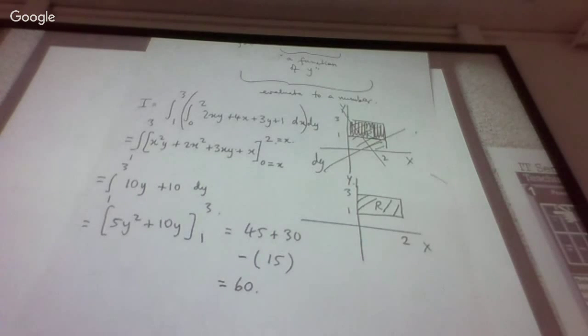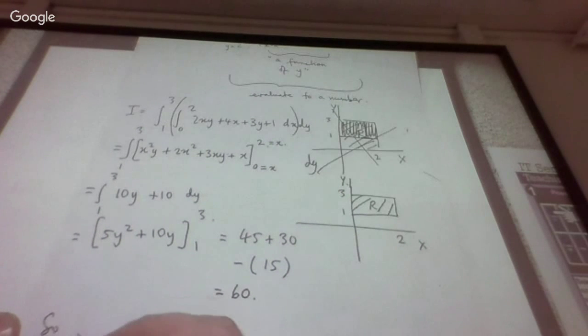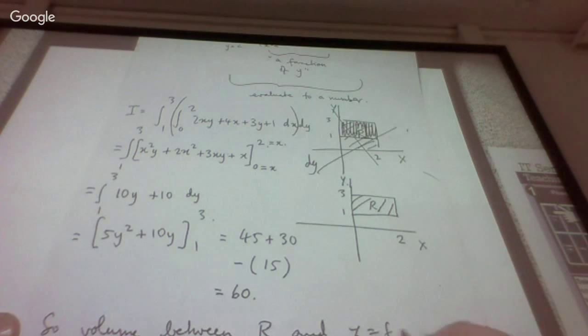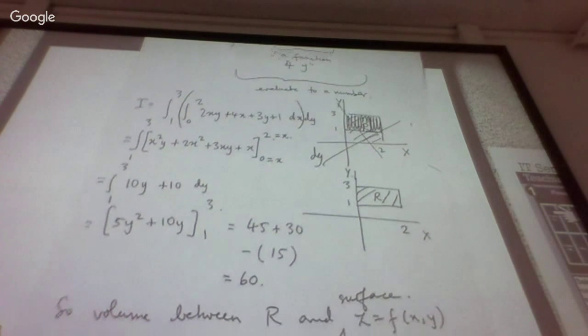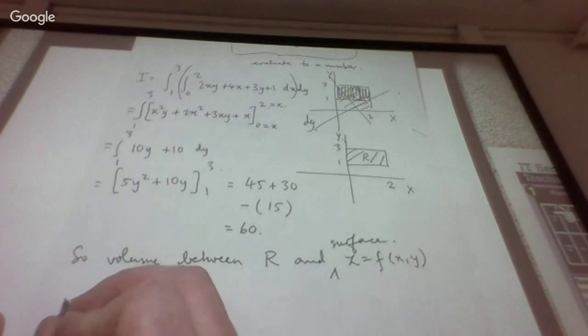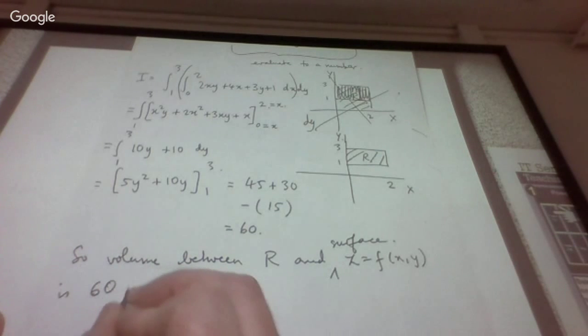Okay, so this 60 has an interpretation. The volume between R and the surface z equals f of xy is 60 cubic units.